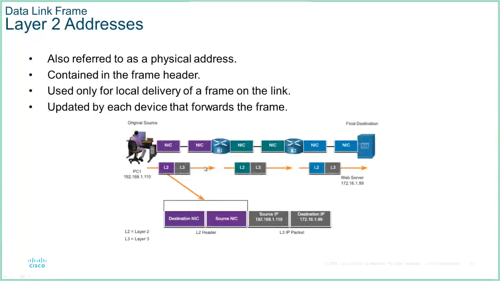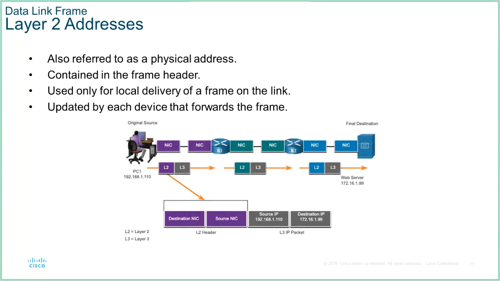This tells router 1 that it has to pick up the frame and do something with the frame. It then picks up the frame and says, oh, you're trying to get to this network 172.16, and to get there, I have to send you to router 2. So I've already pulled off the layer 2 headers. So I'll put you on this interface over here, outbound, and this becomes my source MAC address, and this becomes my destination MAC address.